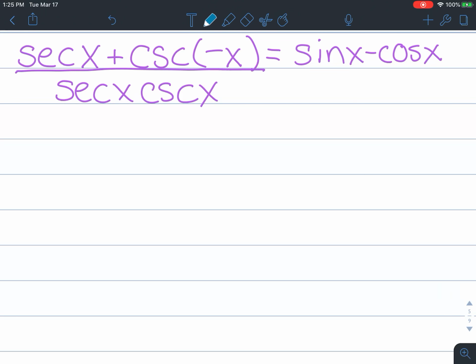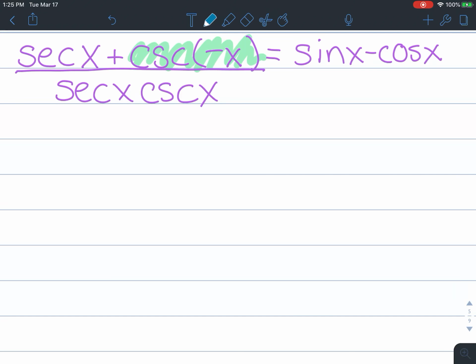So our first question is secant x plus cosecant of negative x all over secant x cosecant x equals sine x minus cosine x. The first thing we want to do is take care of this cosecant negative x. He's a problem.